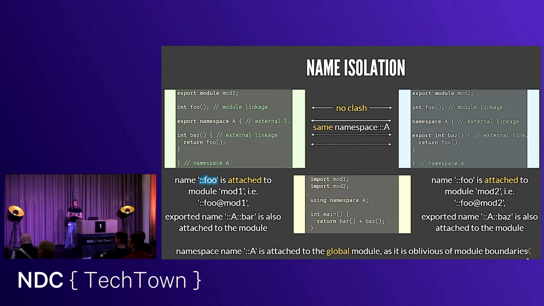And the secret behind it, there is a notion called attachment. So the foo on the left is attached to the module mod1 in this particular example. So the foo has a different entity, foo attached to module 1, from the one on the right, foo attached to module 2.